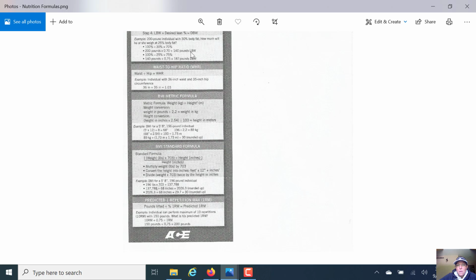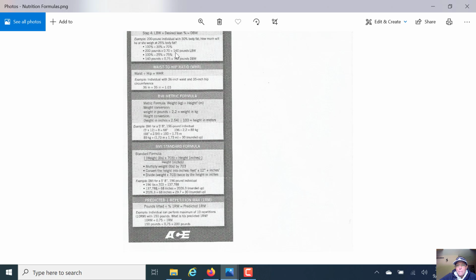Okay, so now we wanted to know what would they weigh at 25% body fat. That same person, if they decrease their body fat from 30 to 25%, what would they weigh? So again, we take 100 minus 25%. So now they have 75% of their body weight being lean body weight.